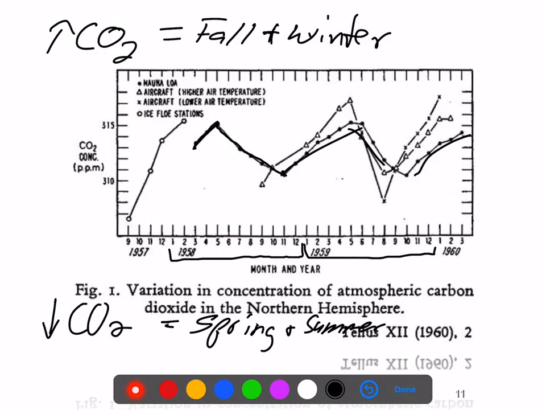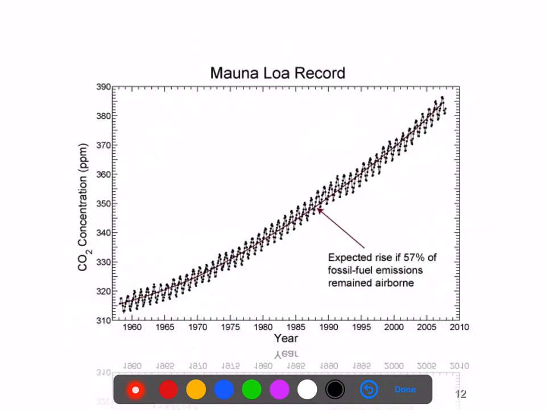So this is what we learned. We learned that CO2 levels go up and down throughout the year. And we understood why. But how long were we recording? Well, it's 58, 59, 60. That's just a few years, right? In fact, it's just a couple of years and change. But we kept recording CO2 levels, and here's what we found.